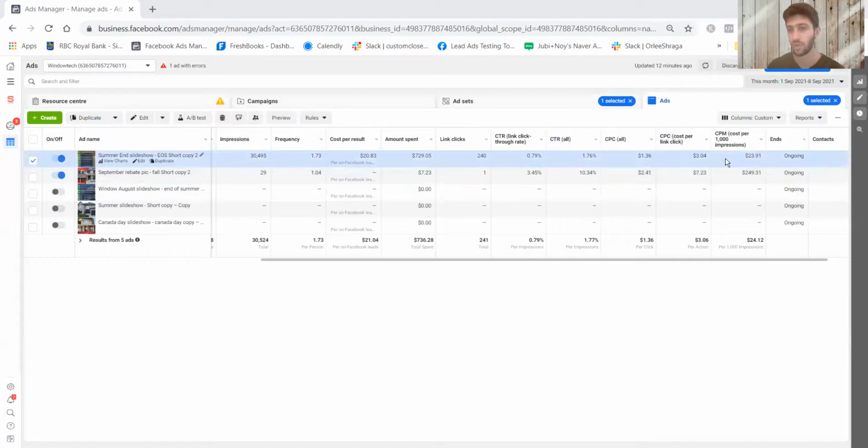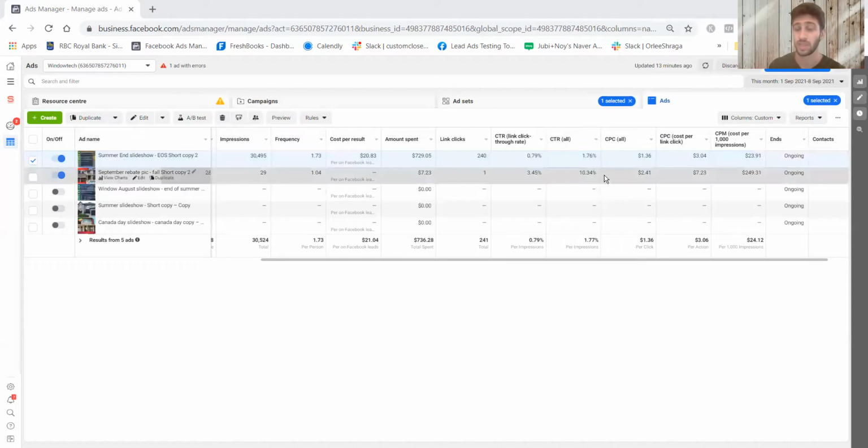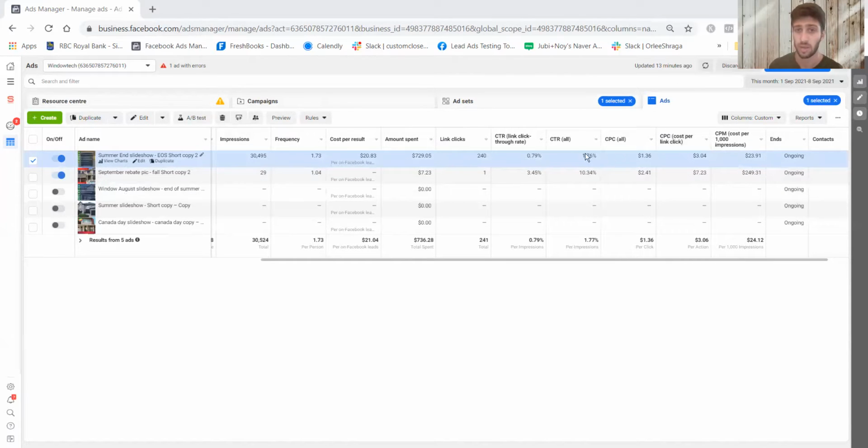As we already went through, we know the audience is pretty relevant here. They're not the issue, but the creative isn't drawing them in, isn't making them click enough, right? And the CPC is also pretty high here, which gives me further evidence that something with the creatives is just not working. Okay, so it's either the picture or the text.